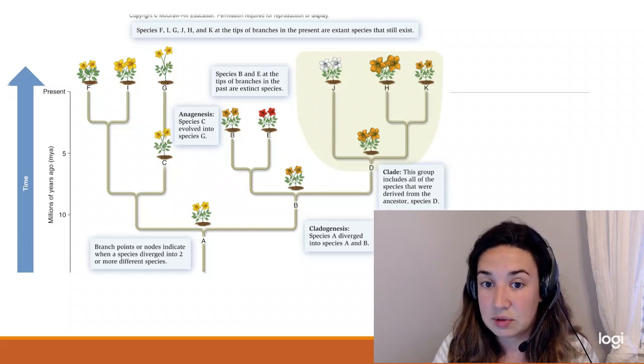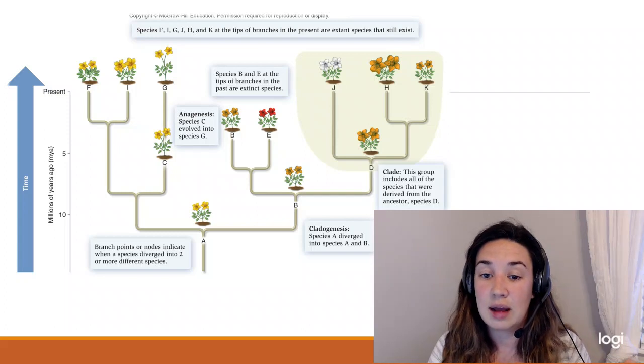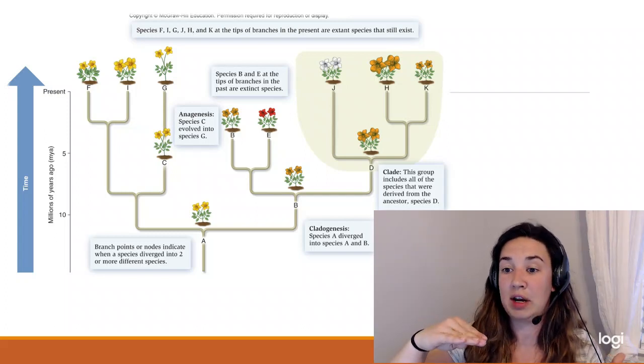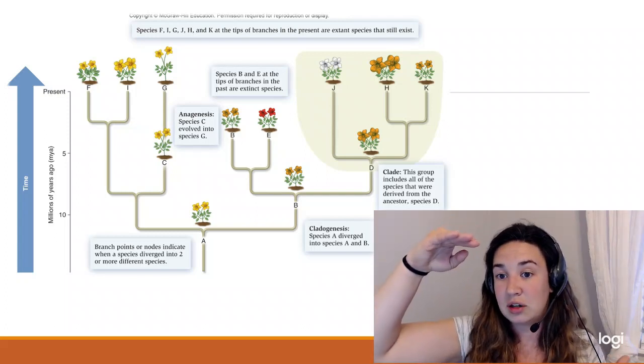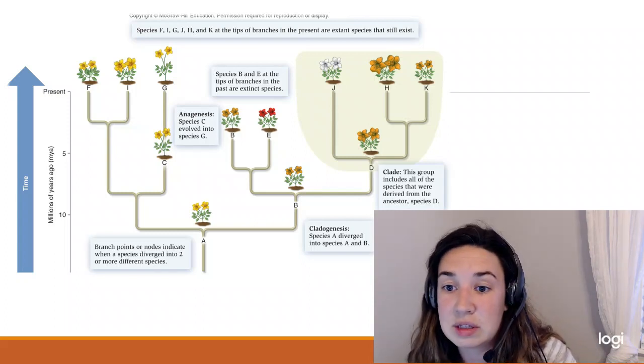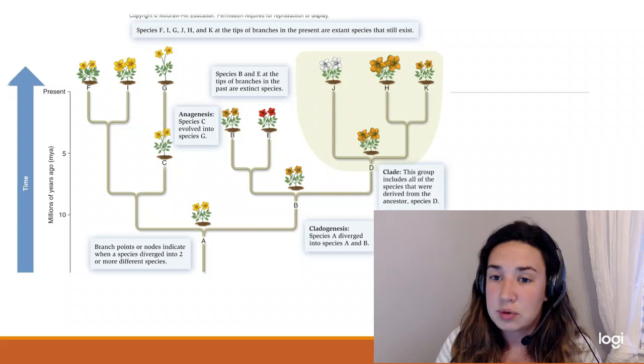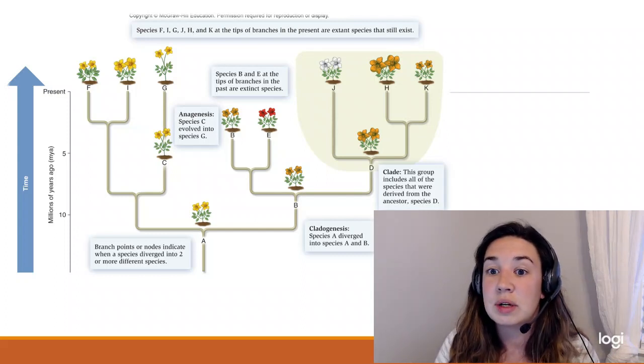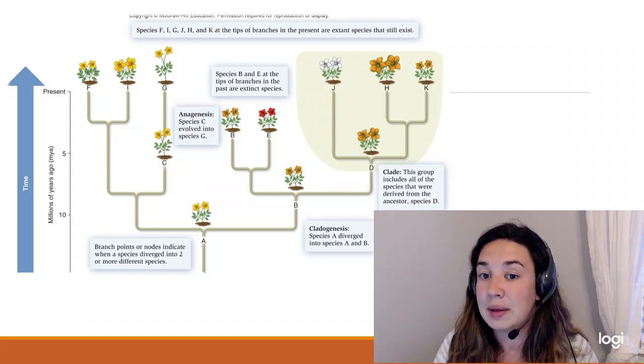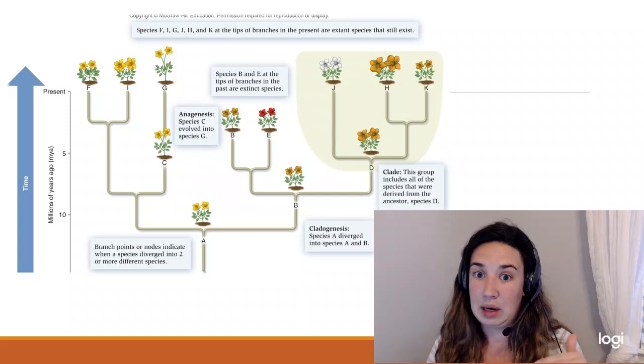If you look on the far left, we're looking at the change over time. This is millions of years ago, and time is going from the bottom of the phylogenetic tree all the way to the top. So when you have the species B of flower, it evolves into species A, but you also have species B as well. But you can see where it stops on the diagram. It stops below where the present time is.